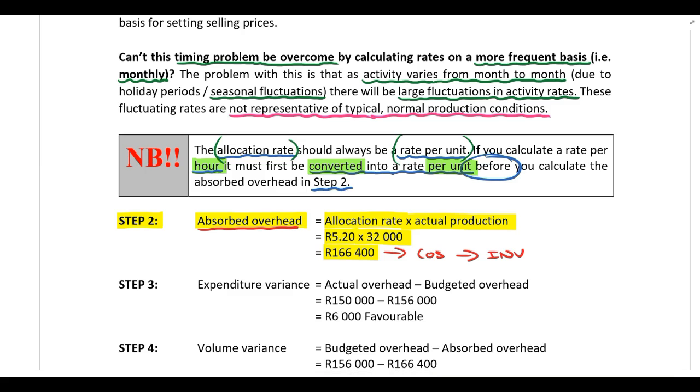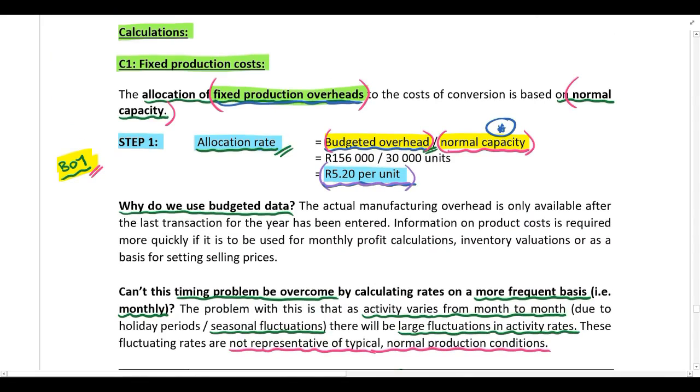So what I recommend you guys do, and we need to do this to make sure that we comply with IAS 2. If you are required to prepare the absorption costing statements, I recommend that you always perform these calculations up front first. In step 1, you are going to calculate an allocation rate at the beginning of the year. We are then going to use this rate in order to value our inventory throughout the year.